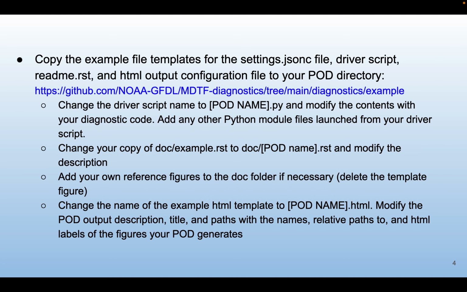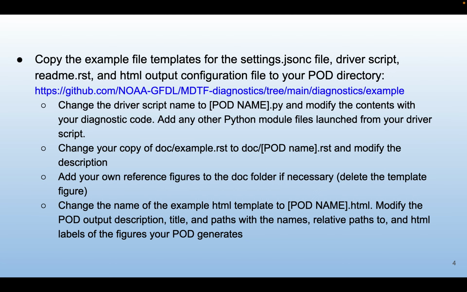You're going to copy all of the template files from the example subdirectory in the diagnostics directory into your pod directory. You can start by modifying the driver script to match your pod name and add the contents of your pod to the driver script. You can also add additional Python modules if your driver launches more than one file.